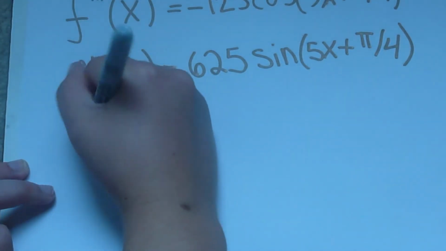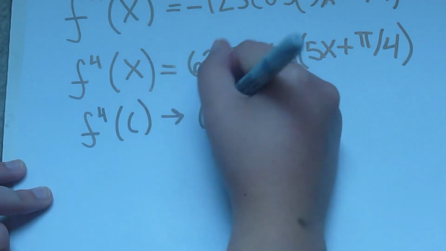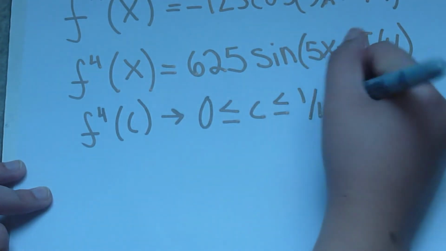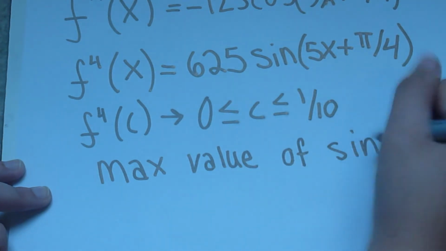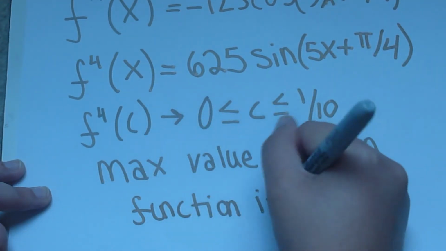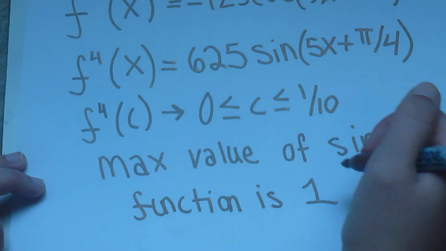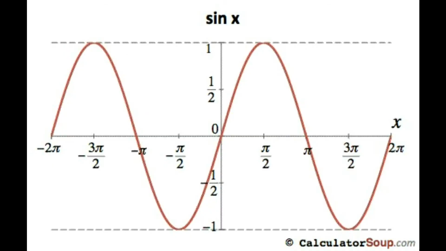We want to maximize our fourth derivative of f, no matter what our c is, and we know that the max value of sine is 1, because when you look at the graph of sine, no matter what input you put in, you see that the output, or the max output, will always be 1. This allows us to replace sine of 5x plus pi over 4 with just 1. So our fourth derivative of f with c is just 625 times 1.